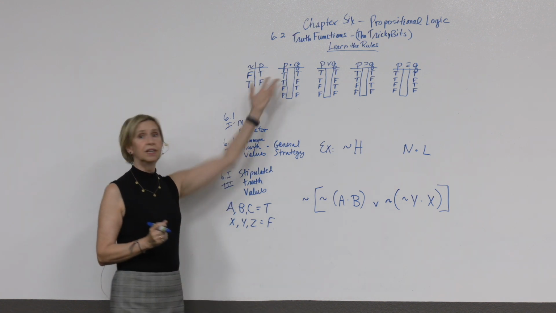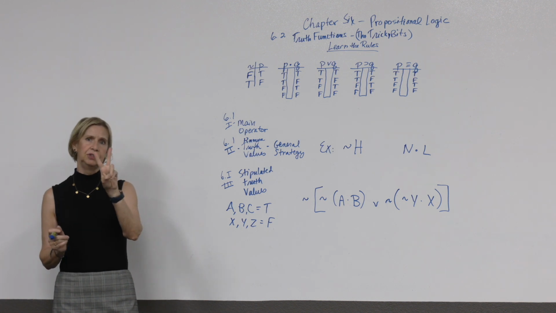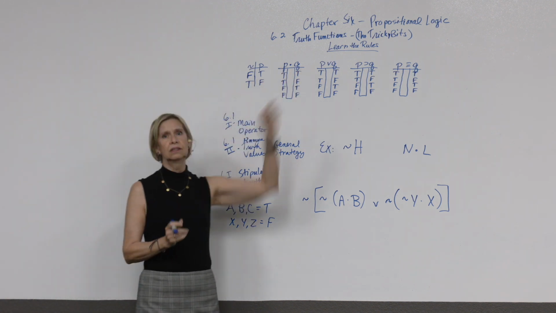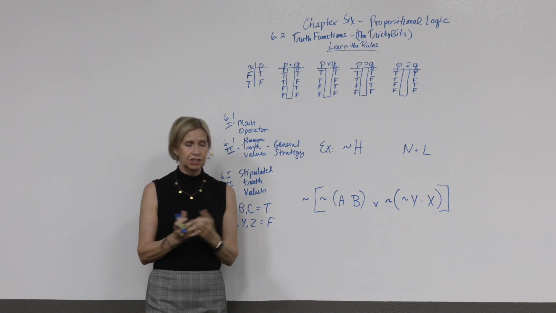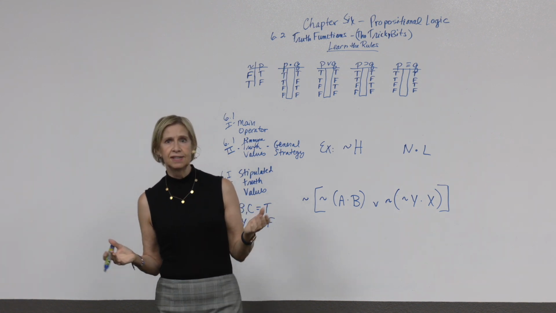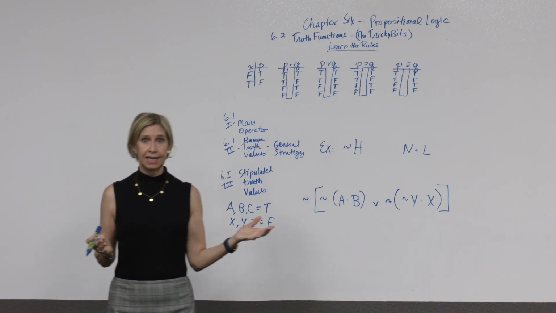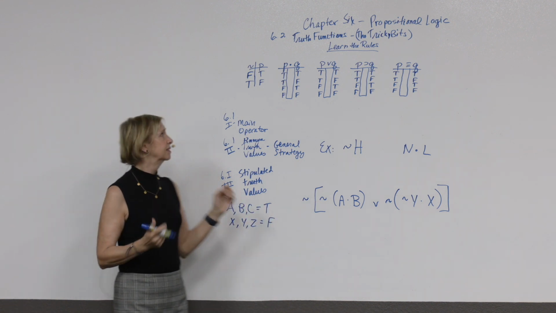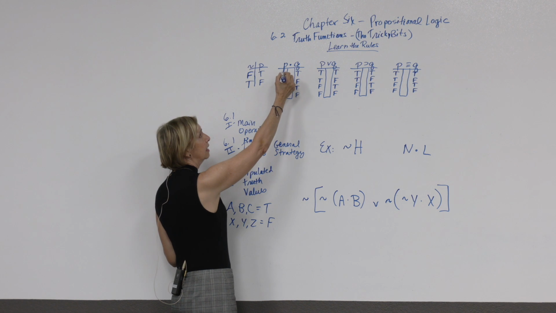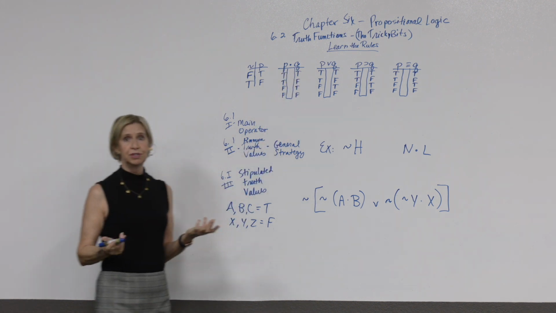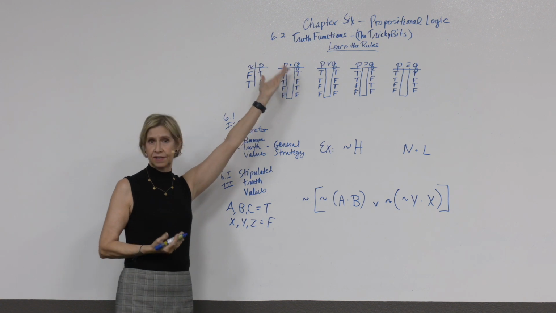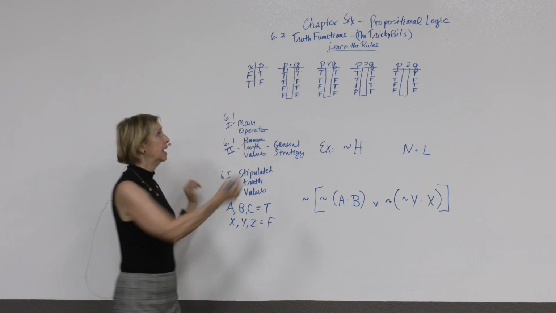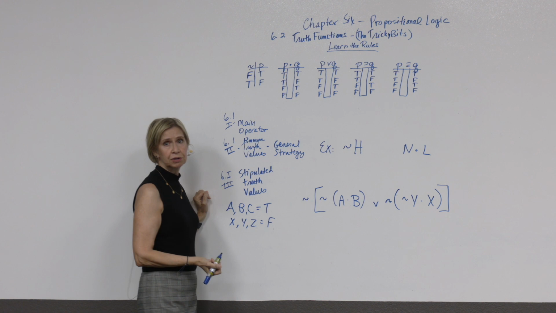So for example, in a conjunction, you have 2 conjuncts, a left conjunct and a right conjunct. So there are 2 statements in a conjunction like Joe Biden is president and Jill Biden is first lady. That's a compound statement, it's a conjunction, and in this case we know that both of those statements are true. So the first line of the truth table, that's the definition for a conjunction, has both statements being true.